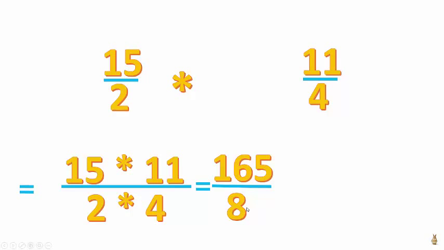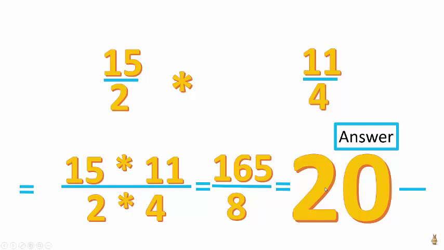So now I've got to work out 8 into 165. 8 into 16 is 2. 8 into 5 goes 0. So that equals 20 and 5/8. So there's the answer.